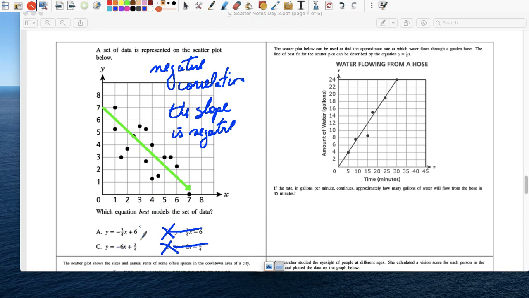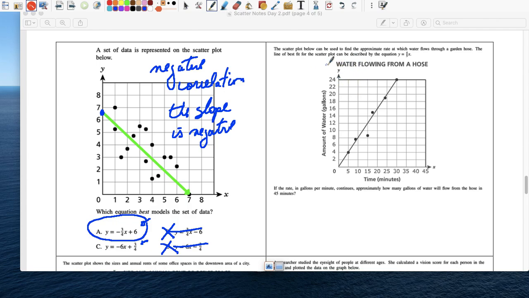But look at the y-intercept. One says the y-intercept is 6, and the other says it's 3/4. Now, is my line of best fit closer to 6 or to 3/4? It's definitely closer to 6. That's my y-intercept right there. So just by knowing what these numbers represent, we can answer the question, and we didn't have to do any calculations.